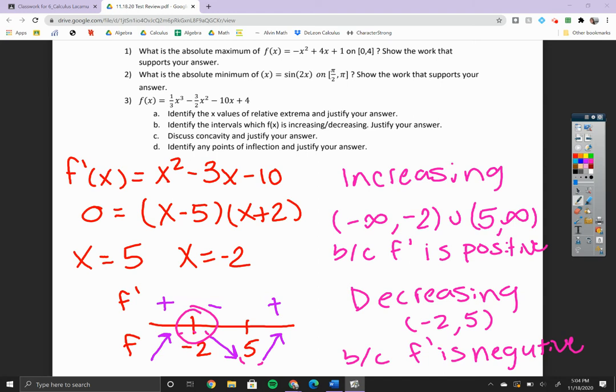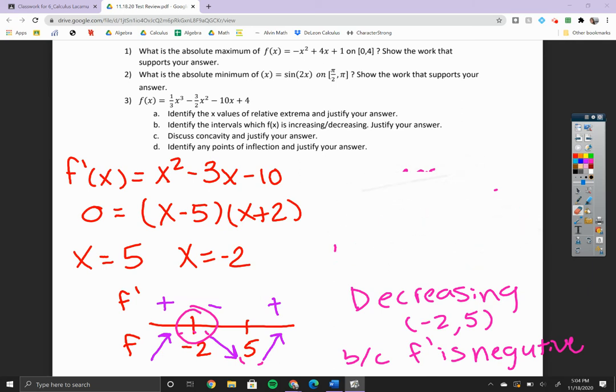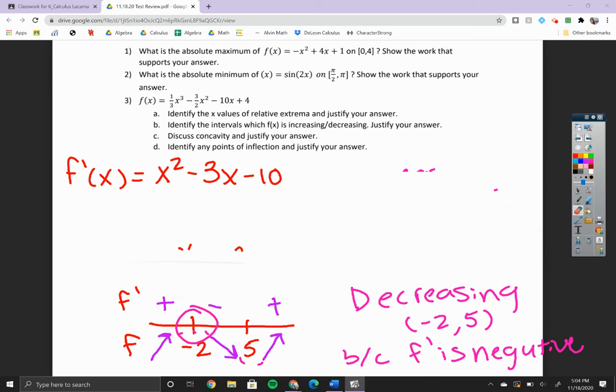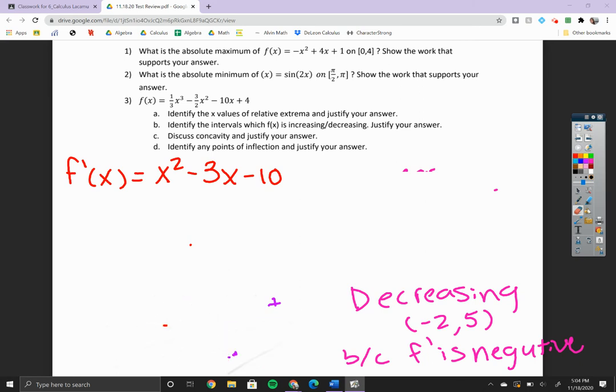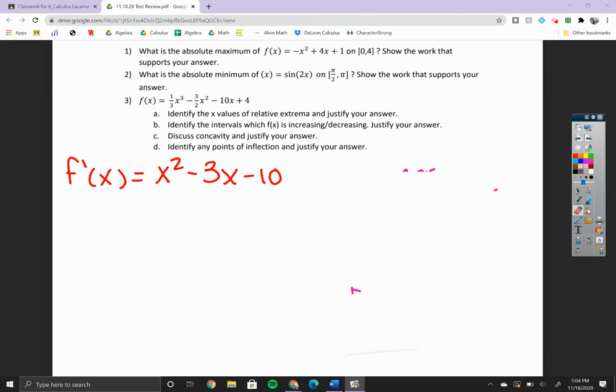Now we're going to need to find the second derivative and use the second derivative test for C and D. So I'm going to erase everything except the first derivative because we're going to need that to find the second derivative. So our second derivative is going to be f double prime of x equals 2x minus 3.